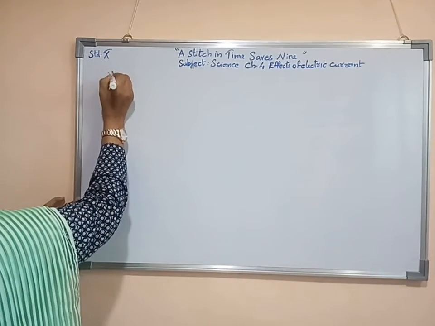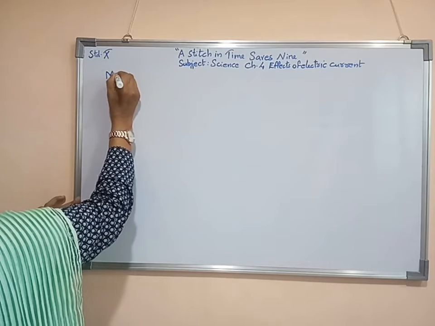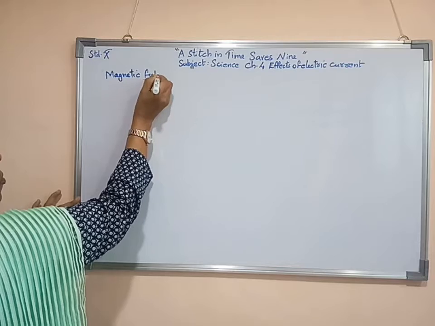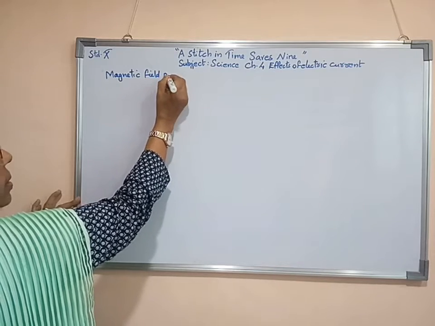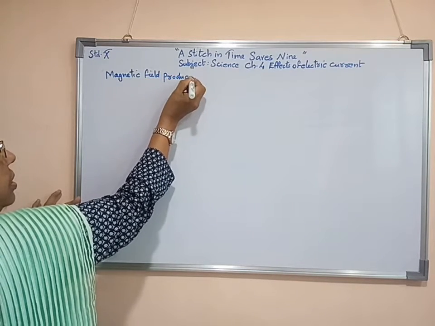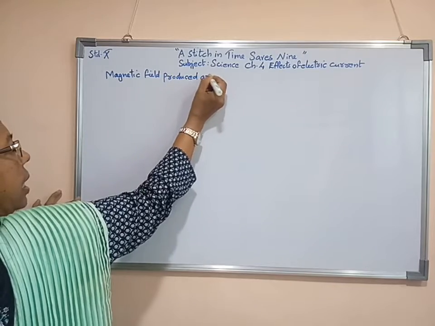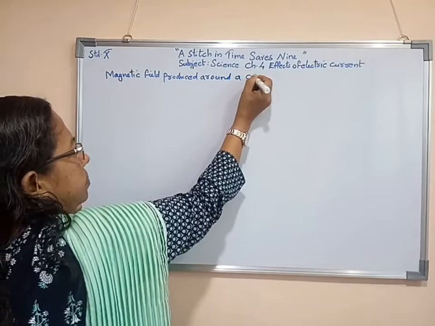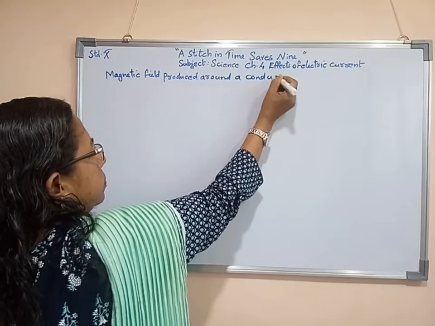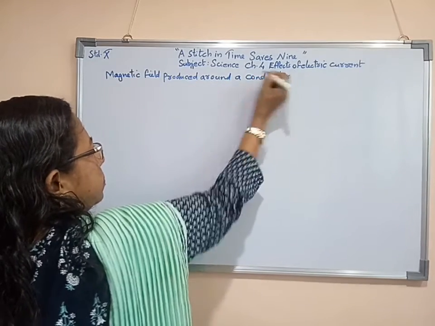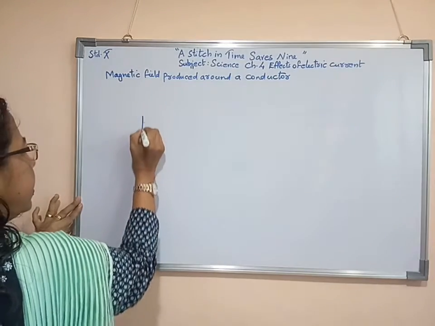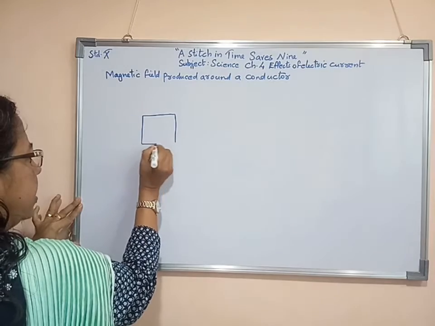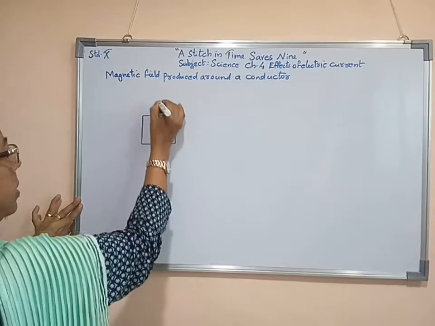So here we are studying the magnetic field produced around a conductor. For that, I am taking a cardboard piece.